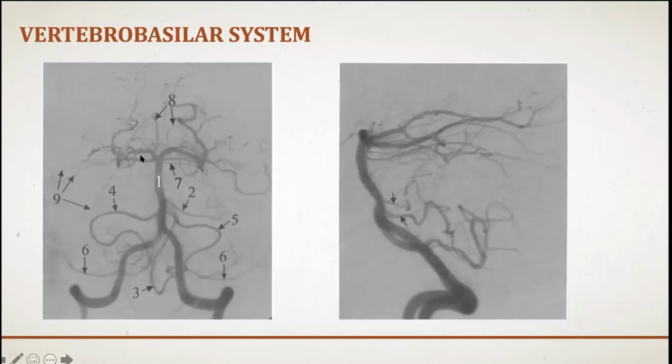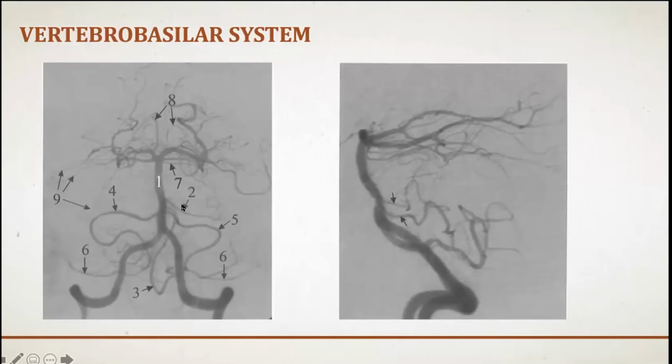But if you look at this image, this is an anterior or an AP view of the vertebral artery and the basilar artery. This is a lateral view of the vertebral and basilar arteries. And number one here is the basilar artery. Number two is an ICA, the left ICA. Number three is the loop of the PICA coming off.